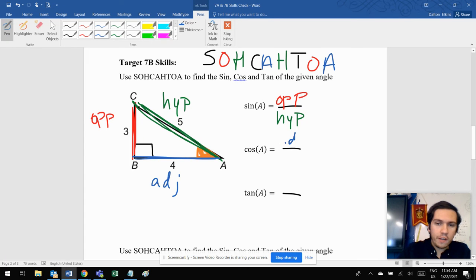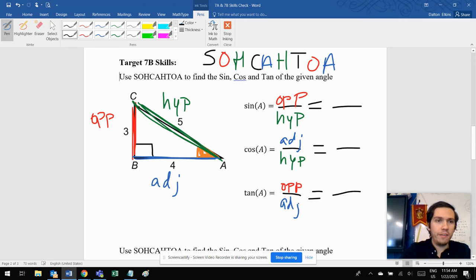Cosine is always the adjacent over the hypotenuse, which again, if you look at Sohcahtoa, C for cosine, A for adjacent, H for hypotenuse. And then tangent is the opposite side divided by the adjacent side. So again, TOA in Sohcahtoa. It's just how you memorize these rules here, because these are rules. They're not things for you to discover, they're things for you to follow.